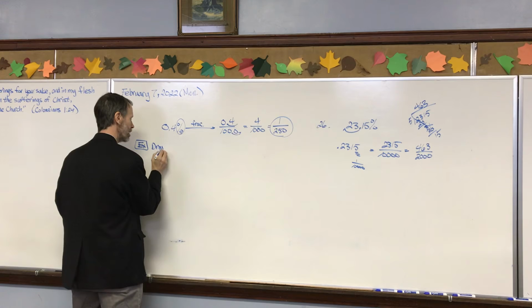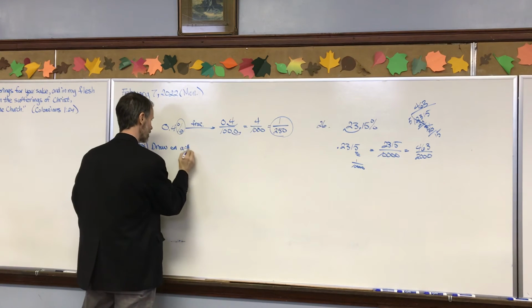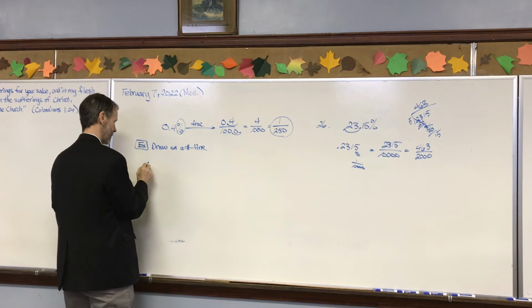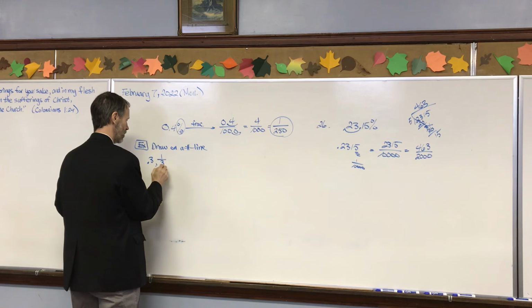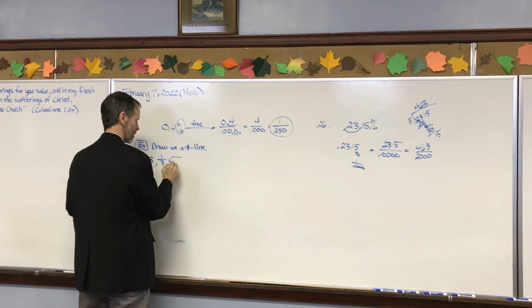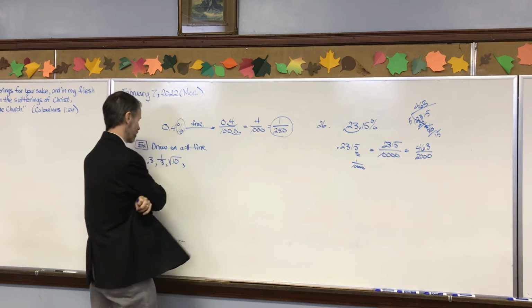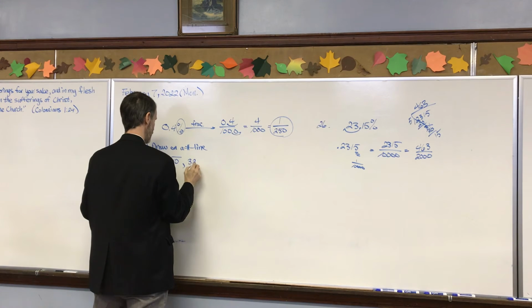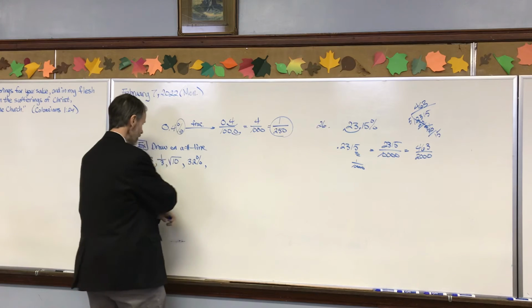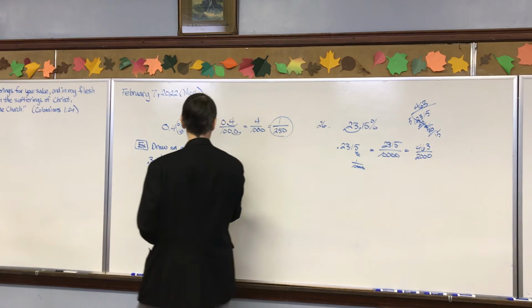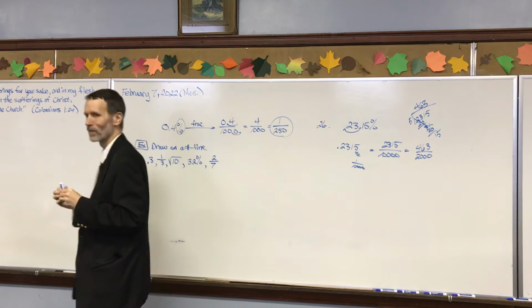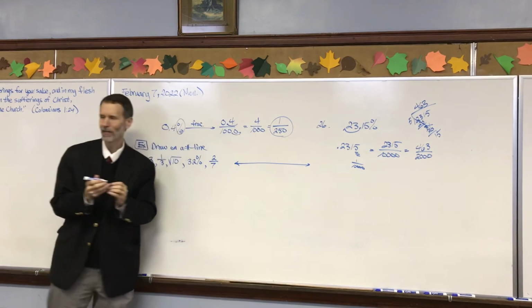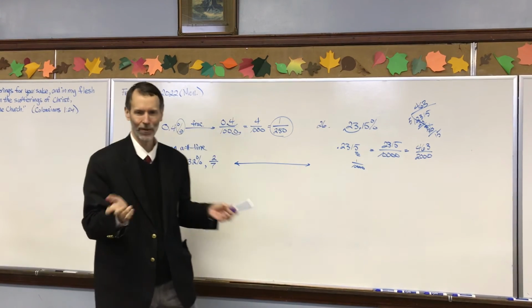So draw on a number line the following: 0.3, 1/3, radical 10, 32%, and 2/7. Now the thing about putting these on a number line is that you have to know which one's bigger, which one's smaller.